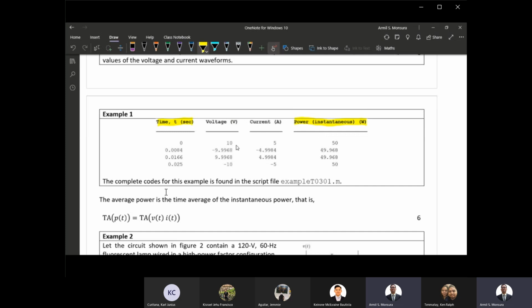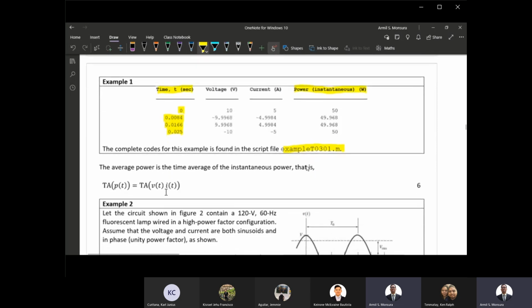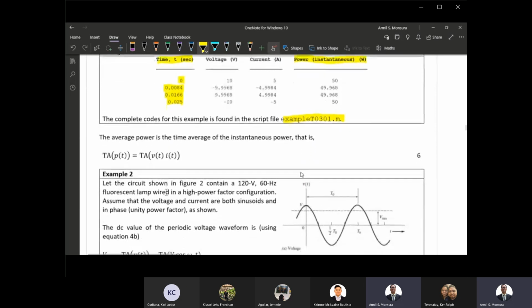Okay, so saan natin siya makita? Sa 0, sa 0.0084, sa 0.0166, and sa 0.025. Okay, so the complete set of codes for this example is found in the script file example T0T01, which is provided to you. Okay, so that's for example 1.